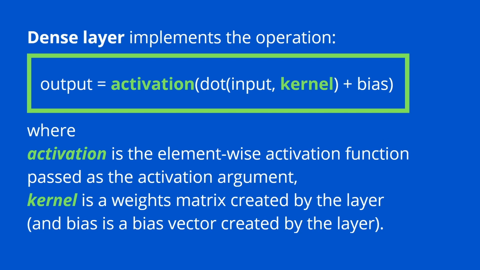So remember, what is the mathematical operation we want to achieve with our layer? Our TensorFlow Keras Dense layer implements a mathematical operation. It calculates the dot product of two tensors, our input tensor with our kernel. Then we add some bias, and then we calculate the activation.